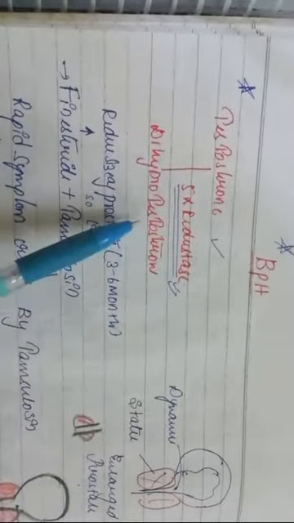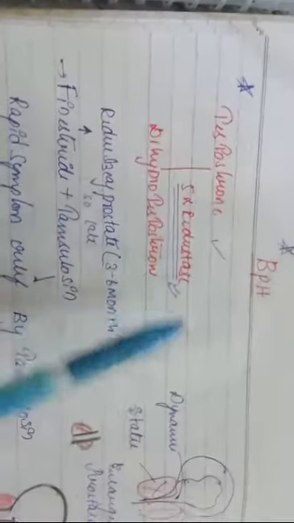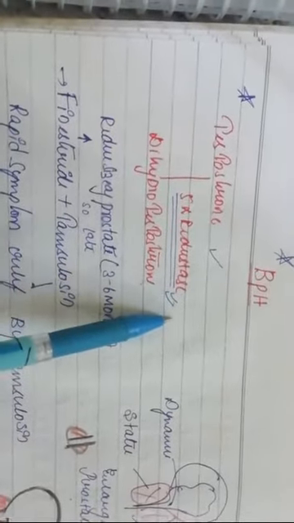Testosterone in our body is converted into dihydrotestosterone in the presence of the enzyme 5-alpha reductase, and this dihydrotestosterone has the ability of stimulating the prostate gland.